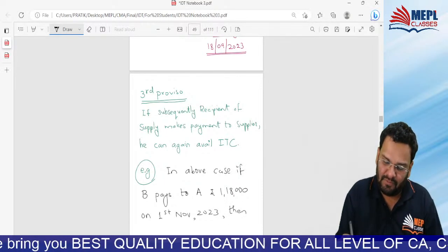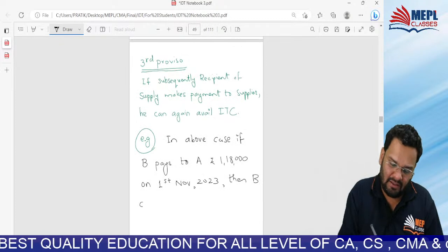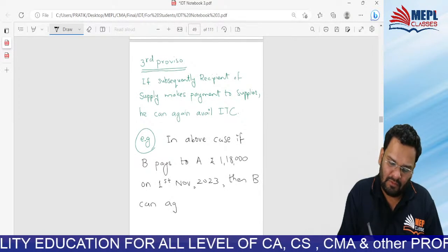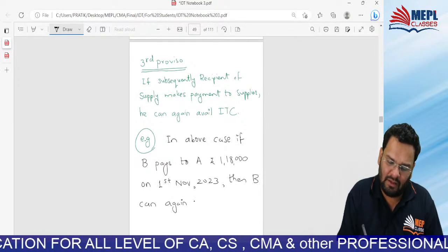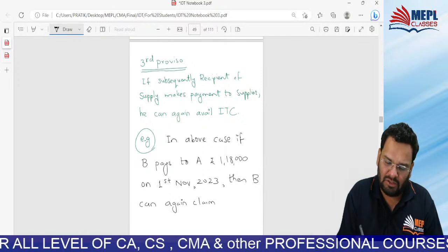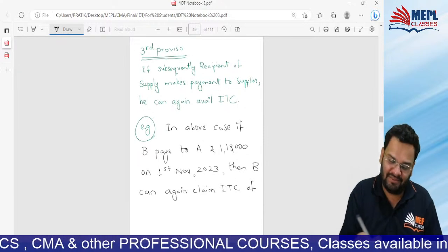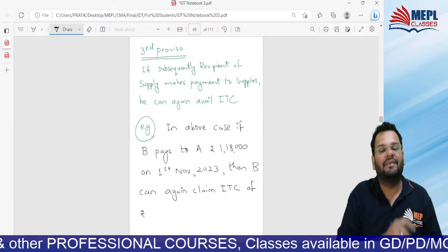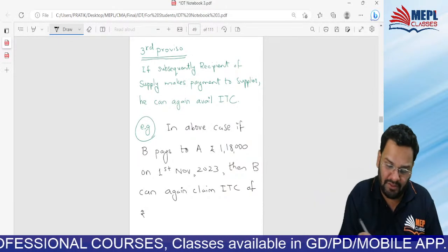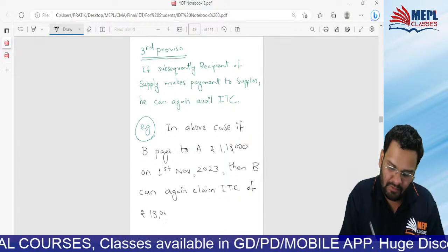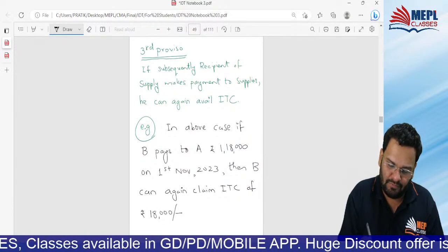Then B can again claim or avail ITC of rupees 18,000.